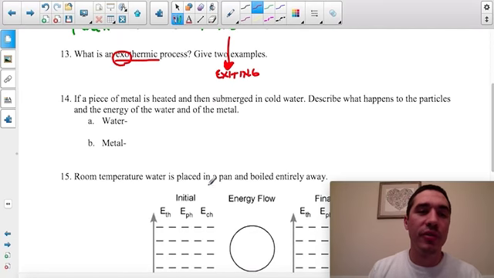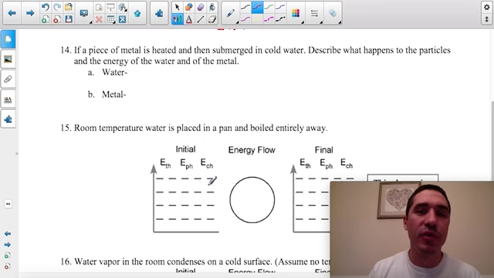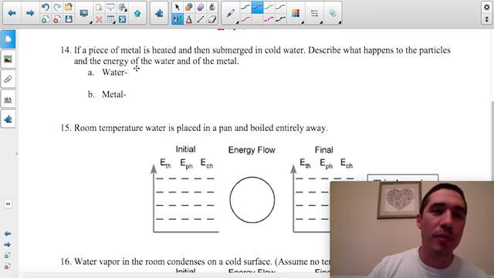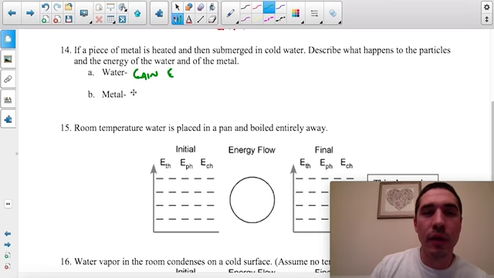The next question says that a piece of metal is heated and submerged in cold water. Describe what happens to the particles and the energy of the water and the metal. The water is going to gain energy and the metal is going to lose energy. The amount of energy that the water gains will be equal to the energy that the metal loses.